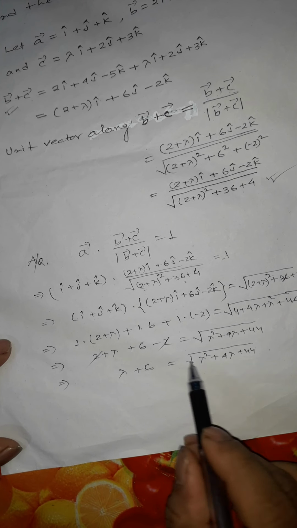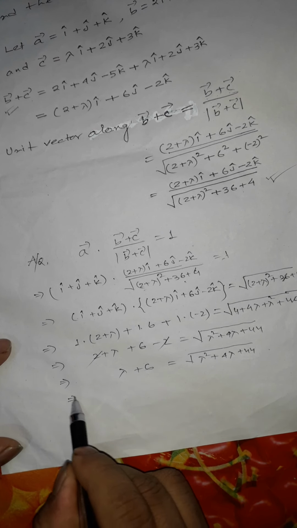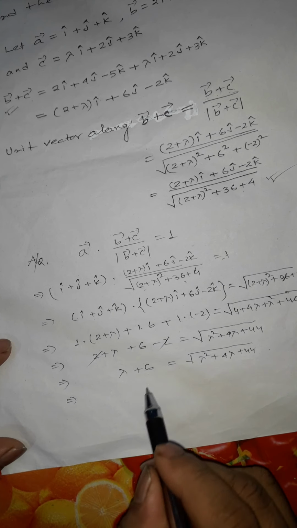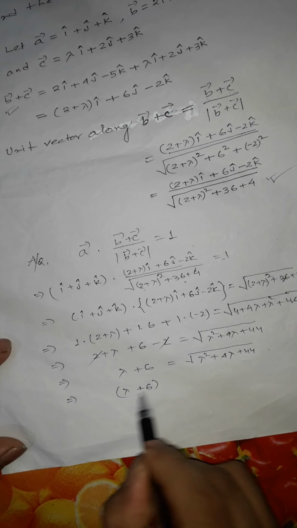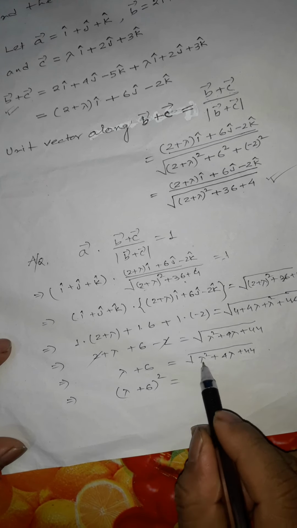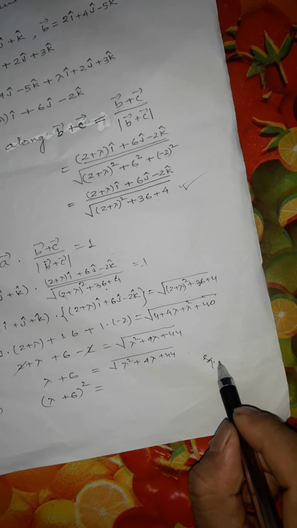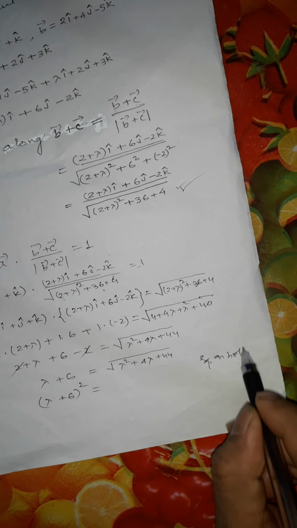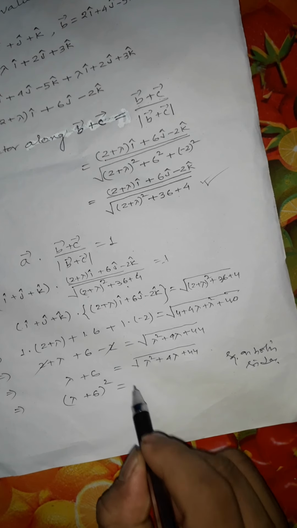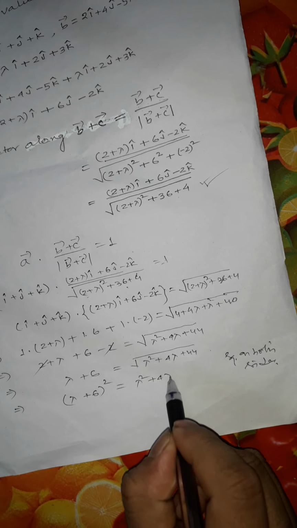Now square on both sides to remove the square root. From this equation you have to get the value of lambda, so squaring on both sides, the square root will be removed. Then it will be lambda square plus 4 lambda plus 44.